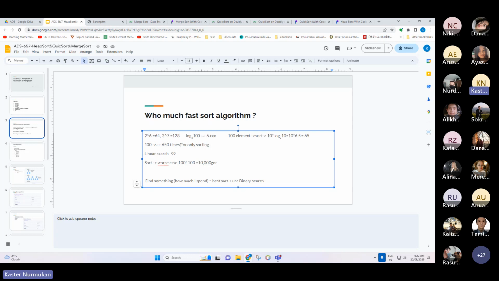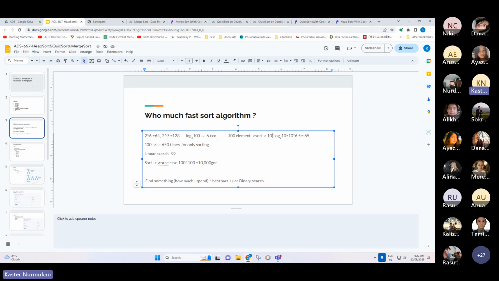Actually, I'm using 100. If I'm using 10, it's meaningless, because 2 to the power of 3 is 8, right? It's less than 2.